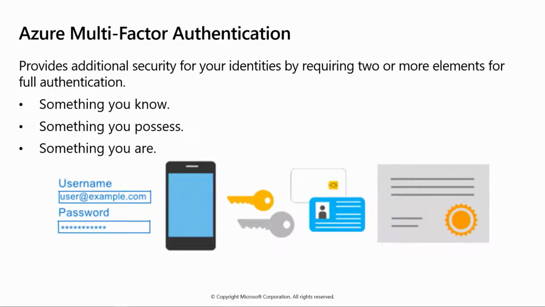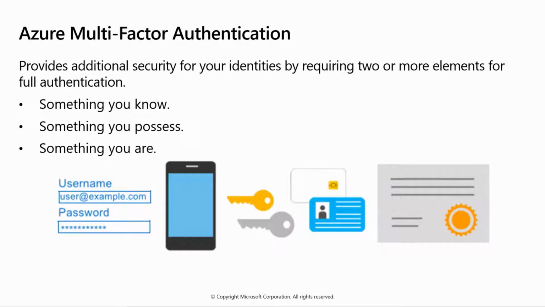Something you know, which can be a username or a password or an answer to a security question. Something you possess, which could be a mobile app, maybe it receives notifications, or a token generating device. Or it can be something you are, and this is usually some type of biometric property. So it can be a fingerprint scan or a face scan. We see that's pretty common on a lot of phones.